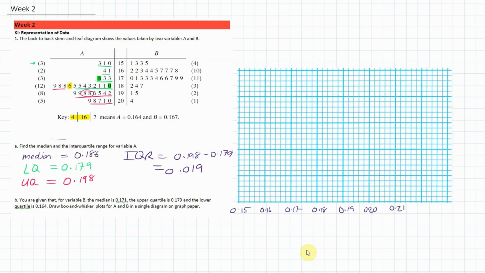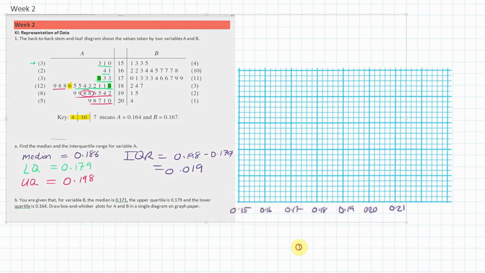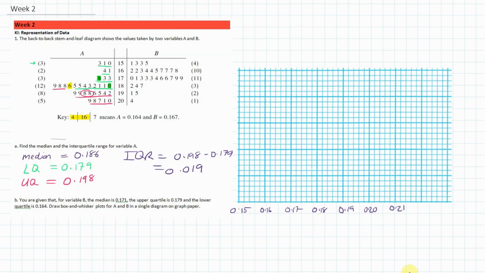Do we go as far as that? I think we're okay there. Brilliant. I could possibly even move that around slightly. Okay, I'll just leave it. So let's do A first.